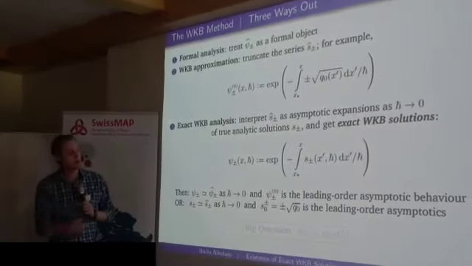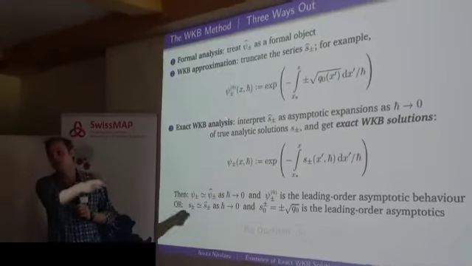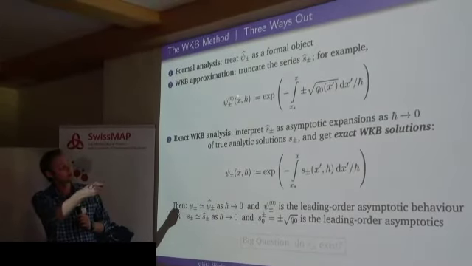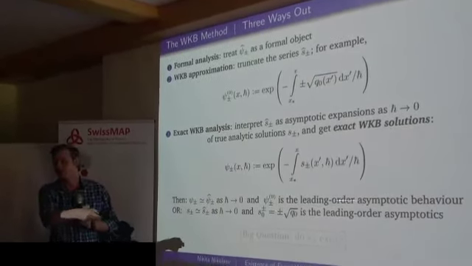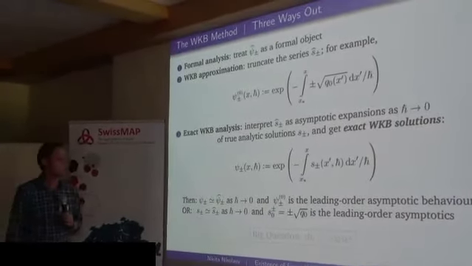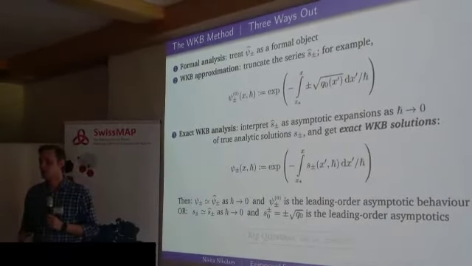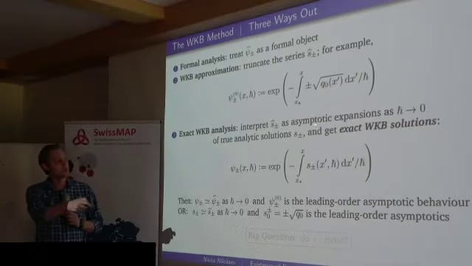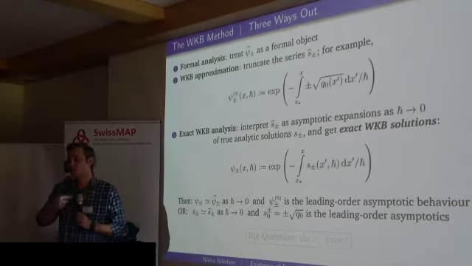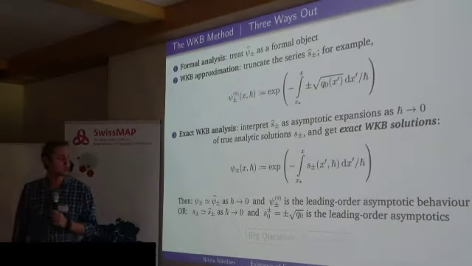A maybe more precise way to say it is that, for example, this leading order truncation, psi plus minus naught, is really the leading order asymptotic behavior. So if you take the ratio or take the limit, that should be 1. So that's the idea of exact WKB analysis, which is to try to promote these formal solutions S hat plus minus to actual solutions by using them as asymptotic expansions.